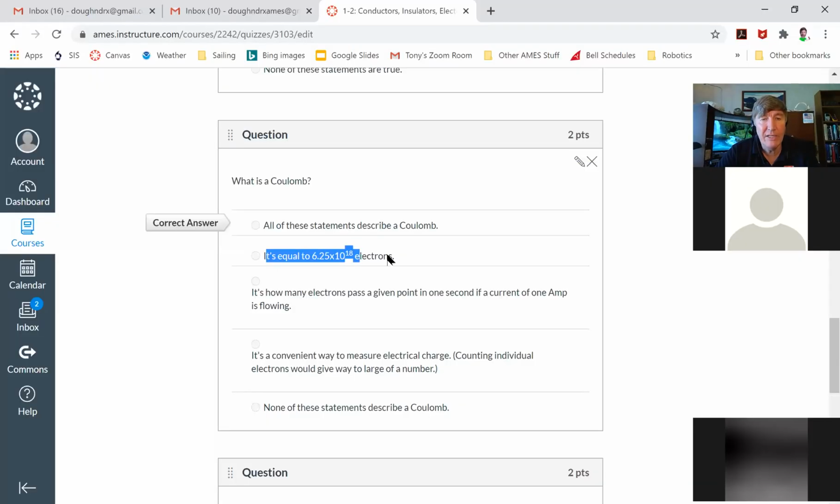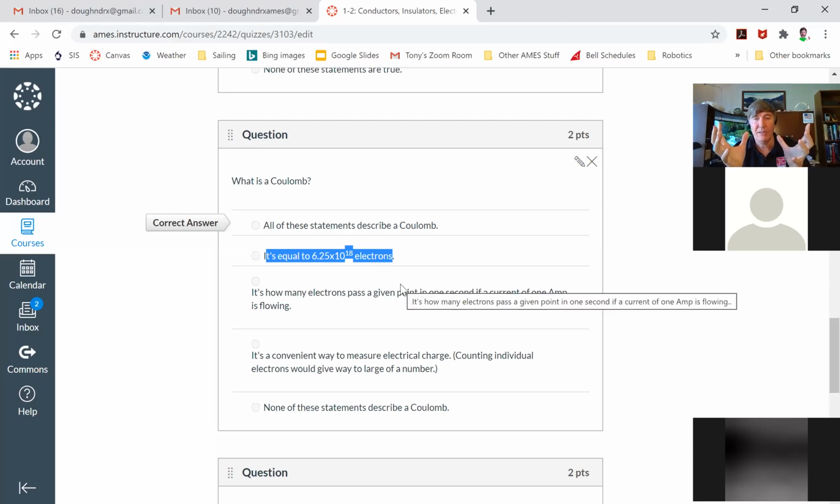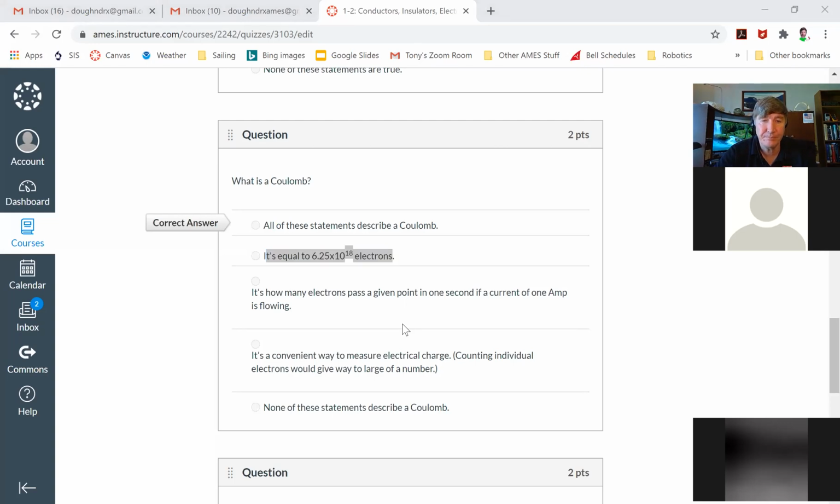All right, let's go back here to the quiz. A coulomb is one heck of a lot of electrons. So imagine a bucket with a whole bunch of electrons in it, 6.25 times 10 to the 18th. That bucket of electrons is what we call a coulomb.